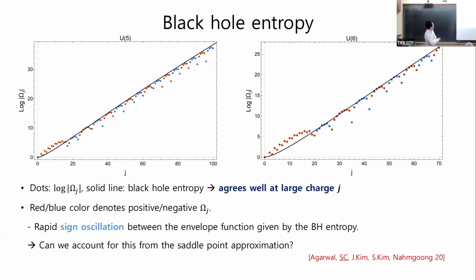So the degeneracy of this value is the entropy, but on top of that, you have rapid sign oscillation between the boson and fermion. And the question is whether we can account for this kind of behavior from the saddle point approximation of the index. When you draw this line, you are drawing it for the black hole whose charges correspond to where the index line penetrates this black sheet.